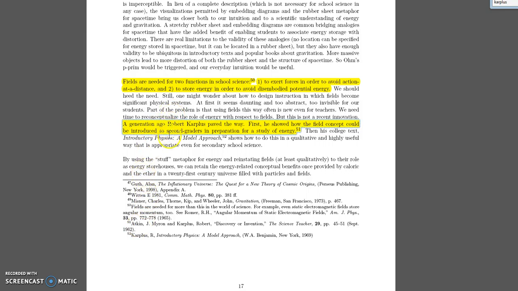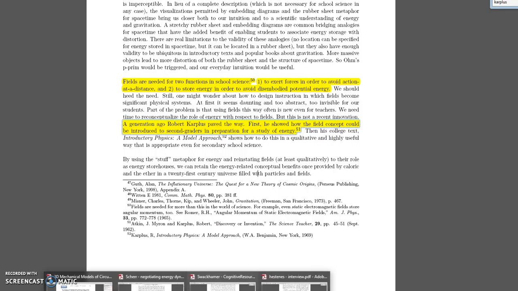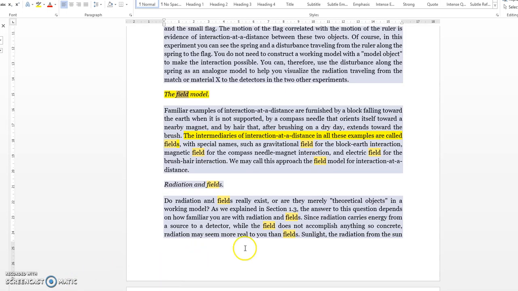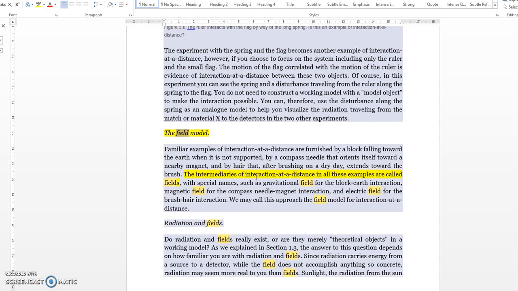But Swackhammer also cites Karplus's book, Introductory Physics, which is a college text, and I did manage to download that because it was on the internet for quite a while. It's not there now because it's now a published book which you have to buy, but I downloaded it, and it's a really remarkable book, and I've read it and I need to reread it.